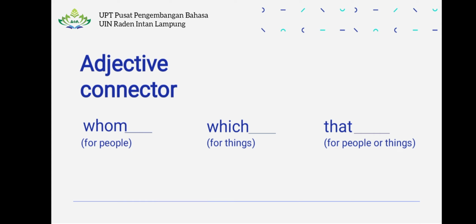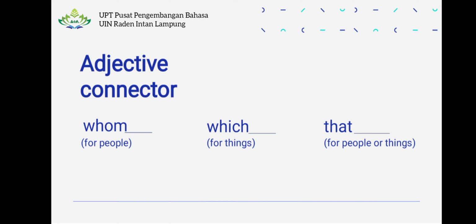It will be followed by the adjective clause. It functions as an adjective even though it is made up of a group of words instead of just one word. In the case of an adjective clause, all the words work together to modify the noun or pronoun.